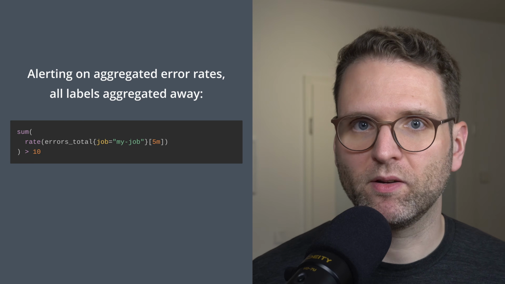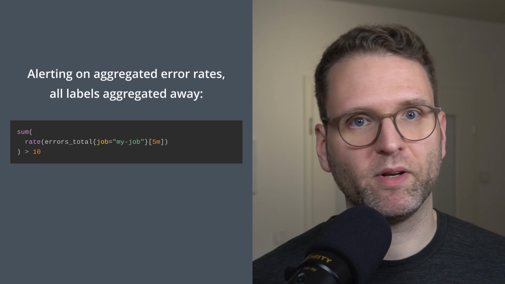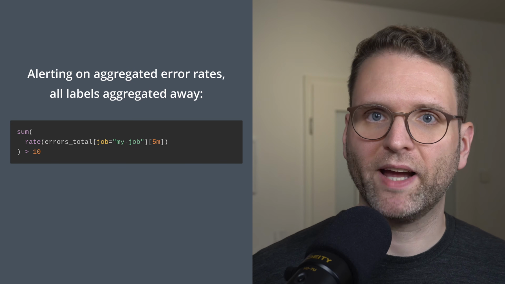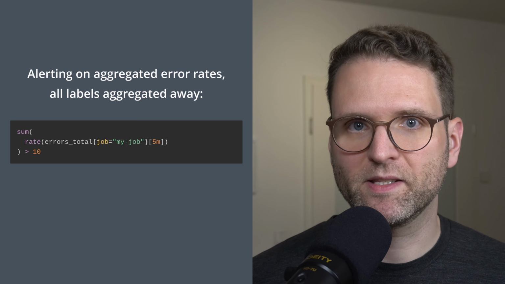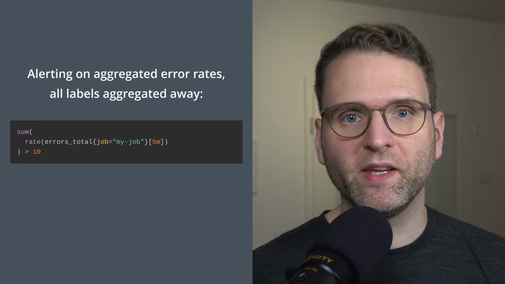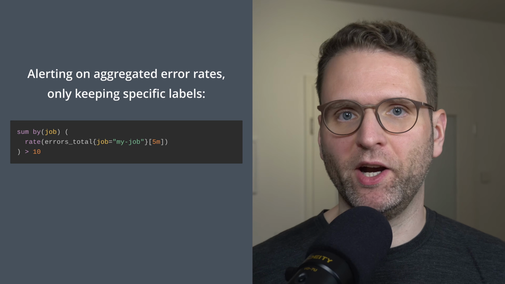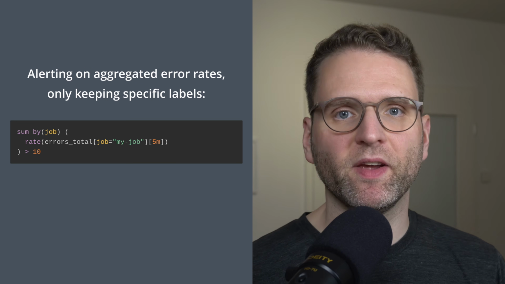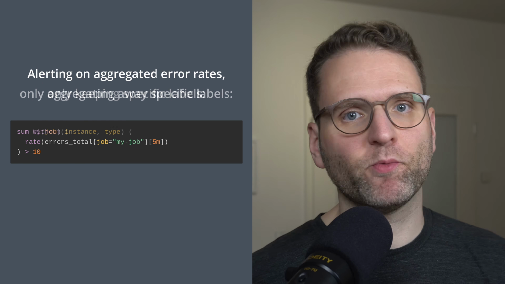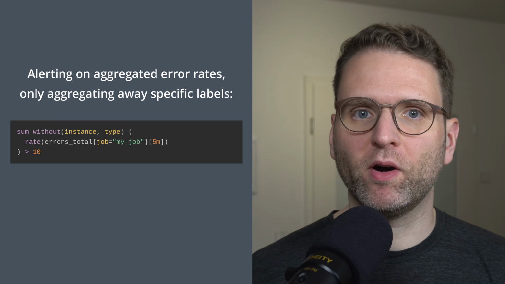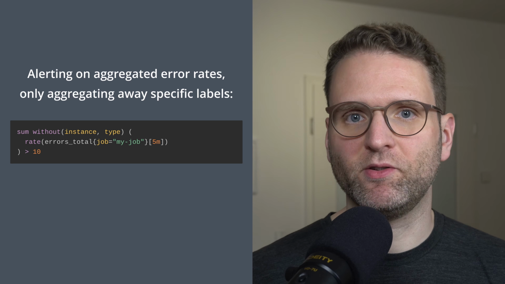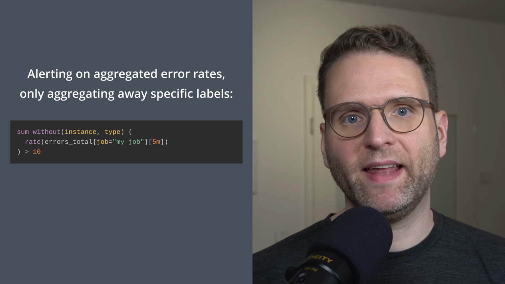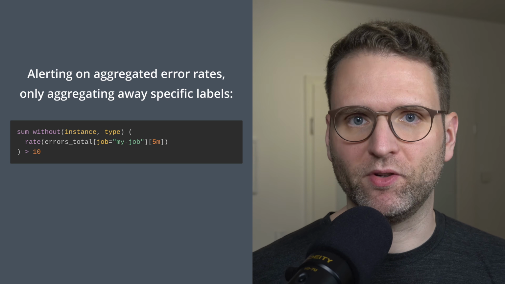Especially the job label or some equivalent service grouping label you'll usually want to preserve in your aggregation so you can route and silence based on them later on. So one thing you can do is to add a by modifier to your aggregators to keep specific labels, or even better, use a without modifier instead to only throw away exactly those labels that you actually want to aggregate over. And that automatically keeps the rest of your labels.